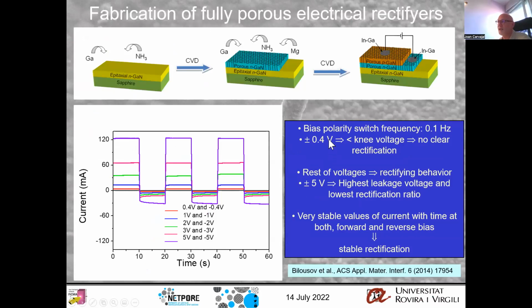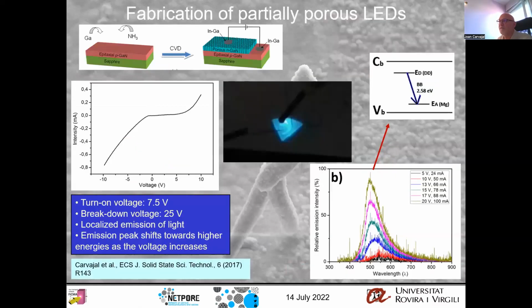What we can see is that, except for the smallest voltage applied, in which there is no clear rectification, for the rest of the voltages we can see this rectifying behavior up to a value of 5 volts, in which we observe a high leakage current and the lowest rectification ratio. But in general, we have very stable values of current with time at both forward and reverse bias. So we have a stable rectification.